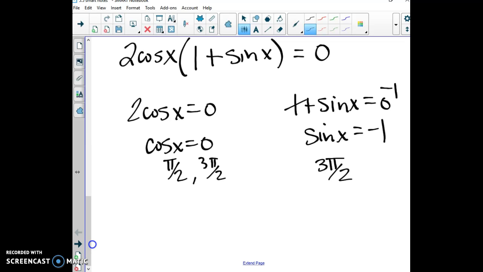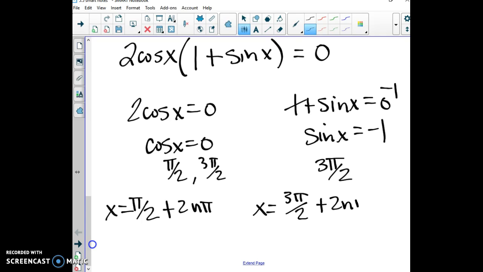So the general solution, general meaning all angles, we're going to take pi halves plus 2n pi, because we know that cosine cycles every 2 pi, and x equals 3 pi halves plus 2n pi. This is the general solution because it involves every single solution.